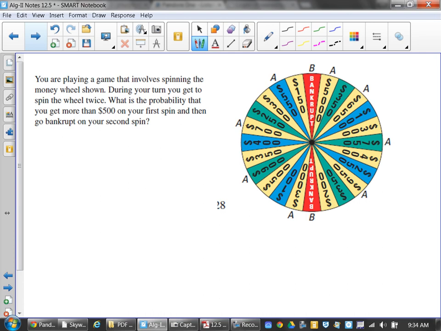There are so many things you just have to count. But do you see where I'm going with this? It's relatively easy.